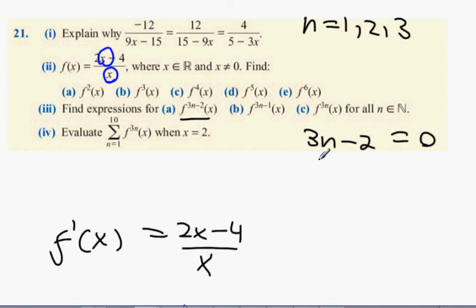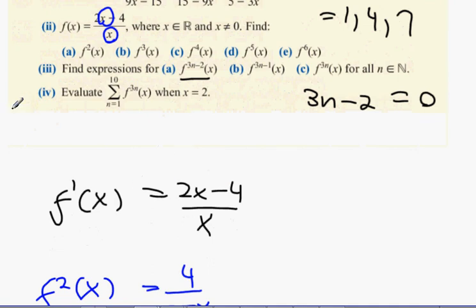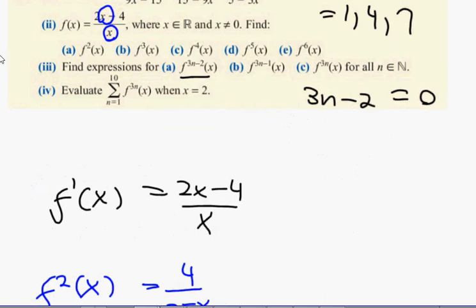It represents 1, 4, and 7. 1, 4, and 7 is 2x minus 4 over x. So this one here is going to be 2x minus 4 all over x.